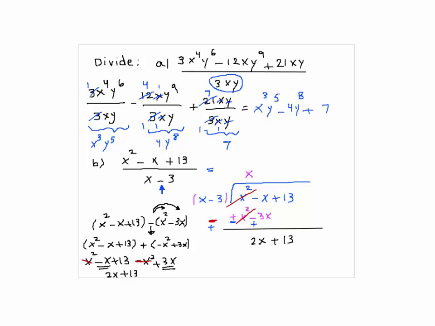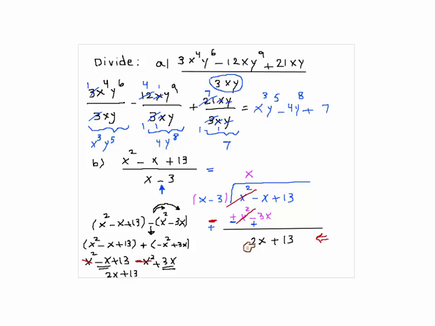Can I see a check mark in front of your name if you follow this up to this point, if you understand how to find this remainder so far? Good. Okay, what would be the next step? What are we going to put here? How do we continue? What times x gives you 2x? Okay, Danielle, what do you think?